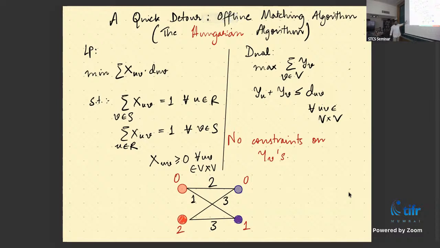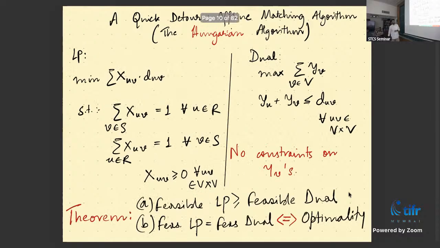But there's an easy fix; I can just make it 0. In fact, what is a trivial feasible dual here? Given that these are distances, they are always non-negative, so I can just put 0 everywhere and that's a feasible dual. So a feasible dual is not hard to design.